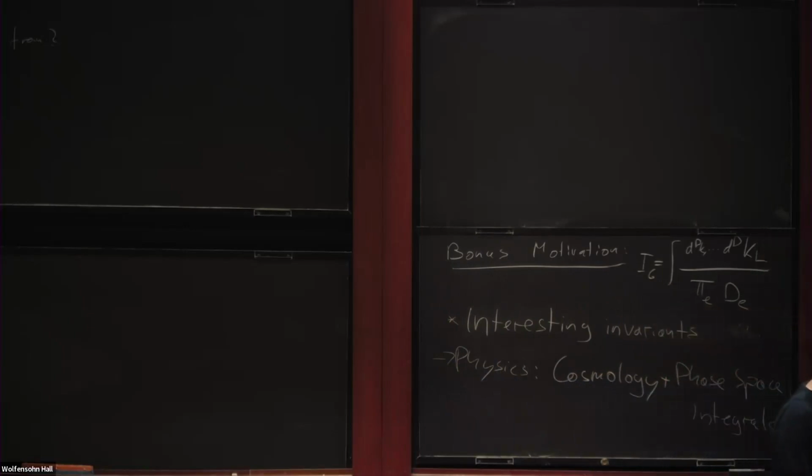So it's very convenient to go to a different representation. For the rest of this lecture, I'm going to explain how this works. So we want to go to a parametric representation.